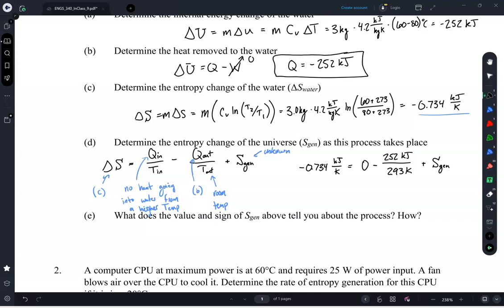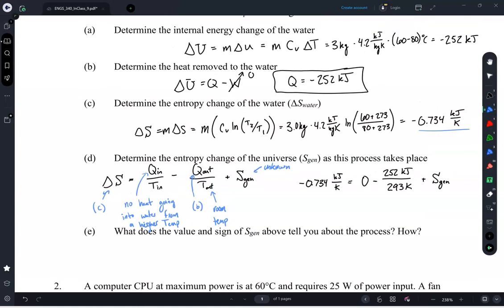Now the sign is a little bit funny on this. We calculated the sign up here at the top to be a negative 252 kilojoules. I guess down here in D, we could use a sign convention where we also have a negative on Q because heat is leaving.